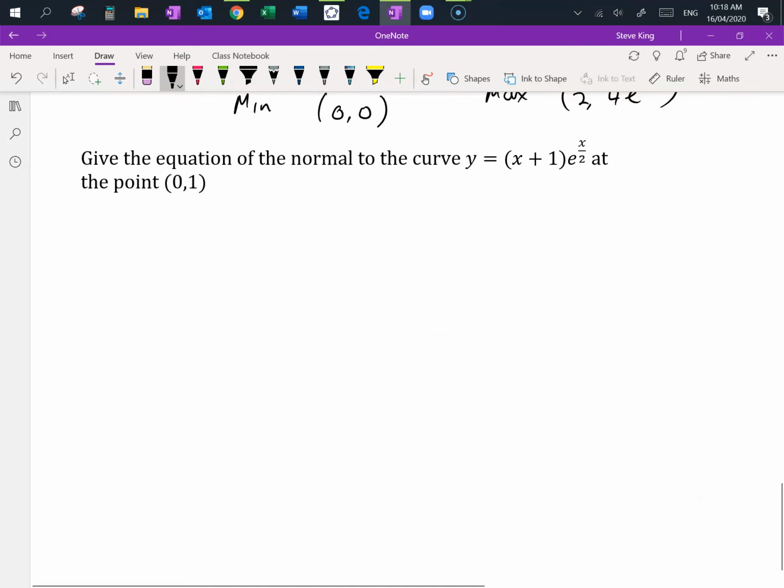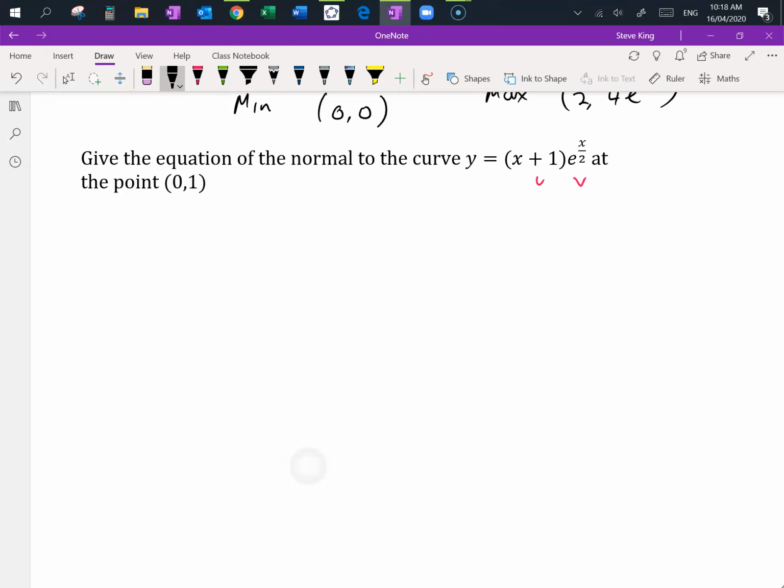Finally, we need to look at this problem here. Give the equation of the normal to the curve. Again, I've got a product at the point 0, 1. So again, I need to stipulate my u and my v values over here.